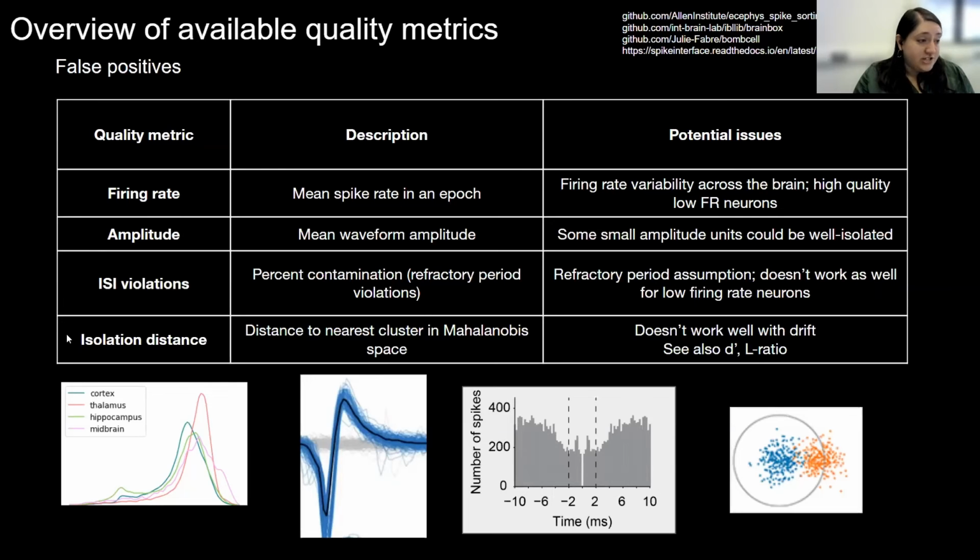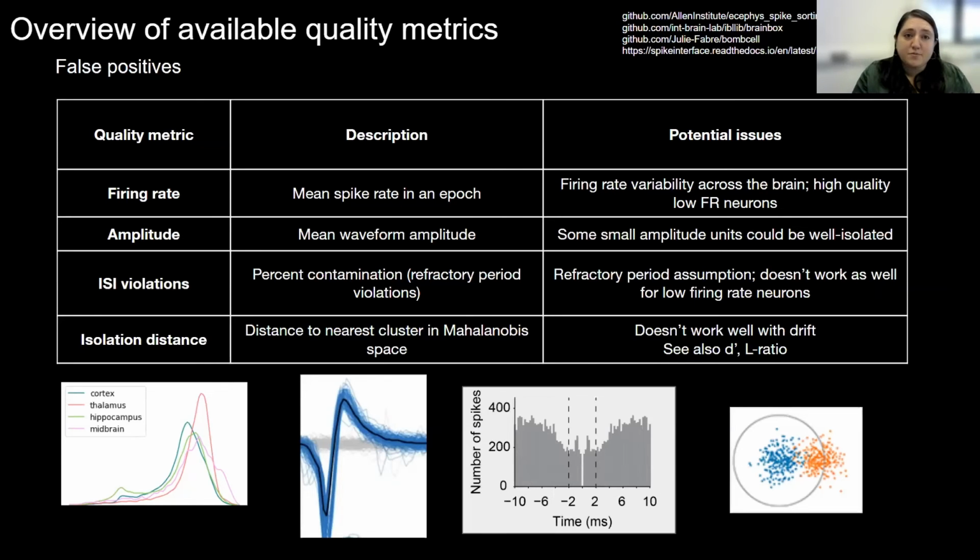All right, and then isolation distance. This is basically a metric of how well isolated your neurons are. There are several different types of isolation distance metrics. A lot of people use this Mahalanobis distance metric. You compute basically the distance to the nearest cluster.